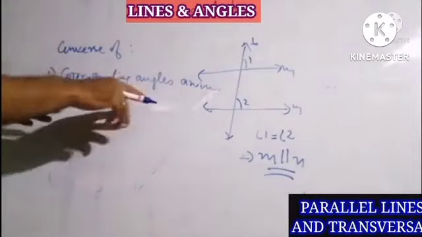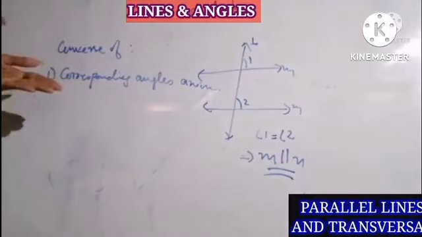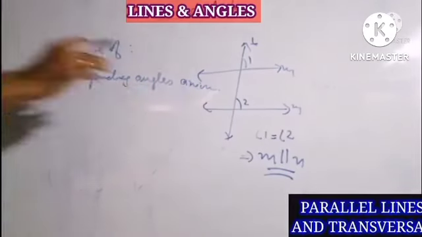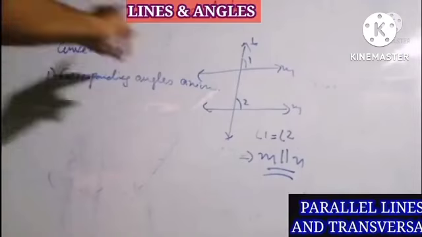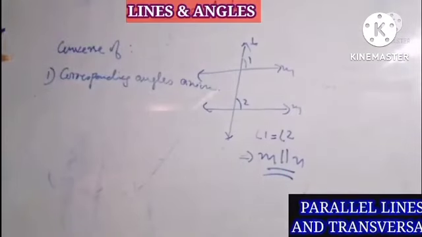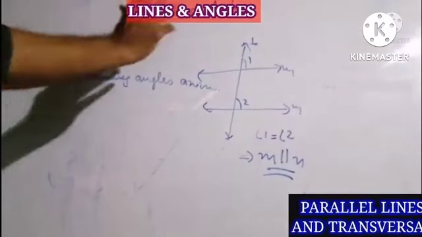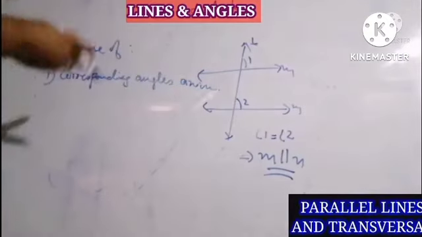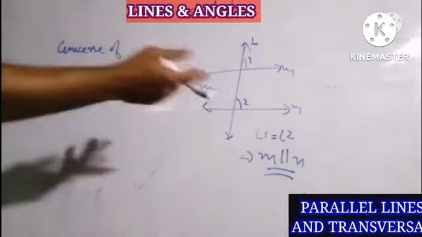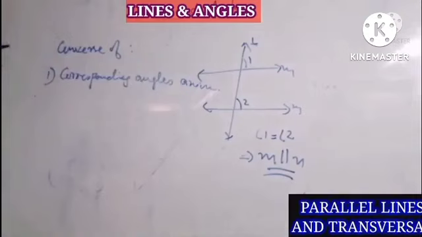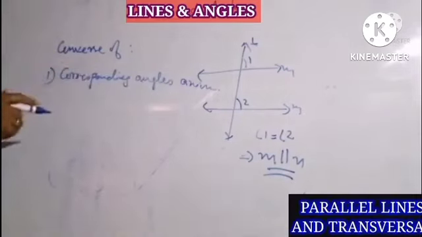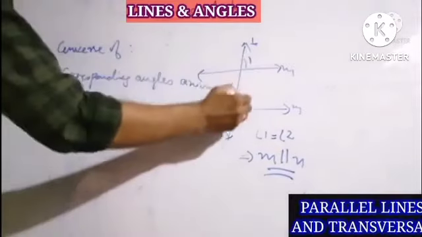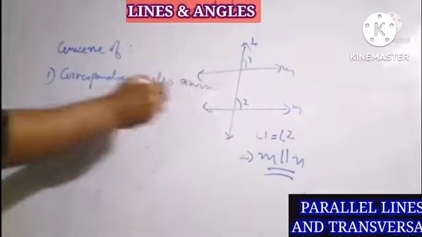Next, in the converse, given that corresponding angles are equal, we can say that these lines are parallel. When lines are parallel, corresponding angles are equal. When corresponding angles are equal, then lines are parallel. That is why this is called the converse of the corresponding angles axiom.